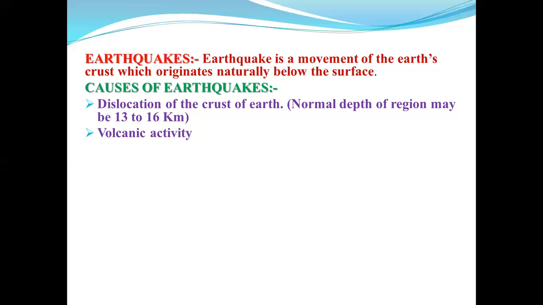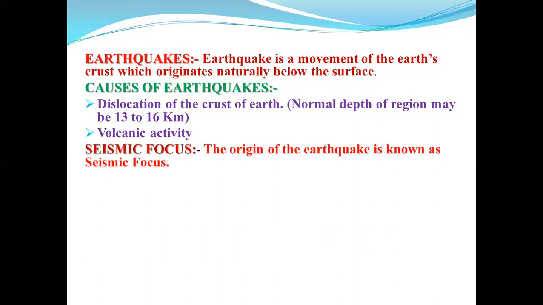Now some special terms are used here also. Seismic focus. It is the origin of the earthquake inside the earth. You can say the origin of the earthquake is known as seismic focus.